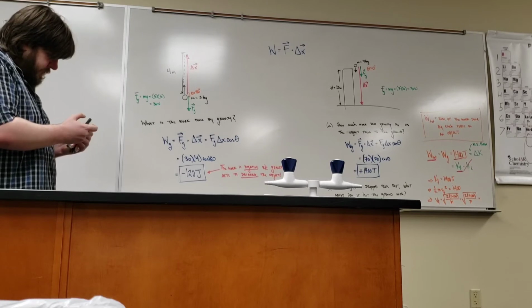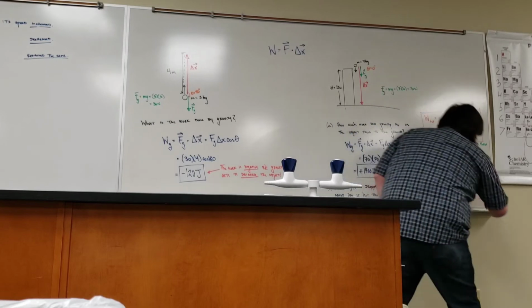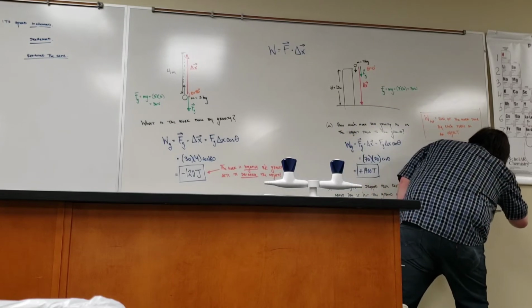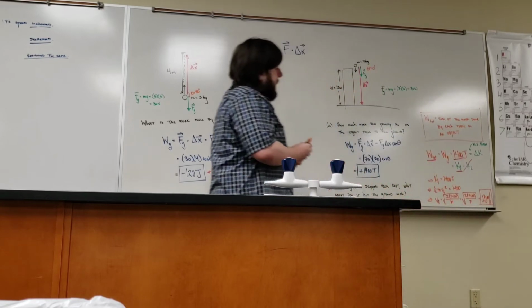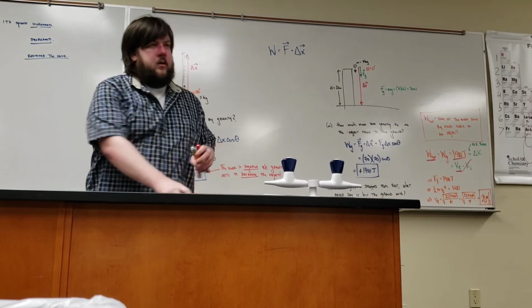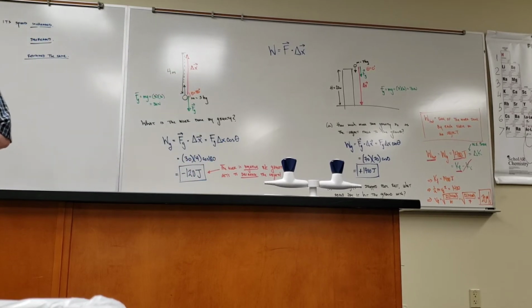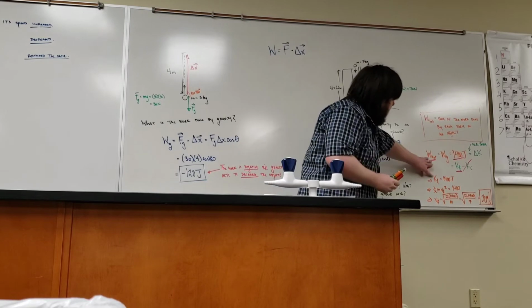So it's 400, square root of 400 is 20. So it's 20 meters per second. That's the speed that it hits the ground with. It's just the kinetic energy final.